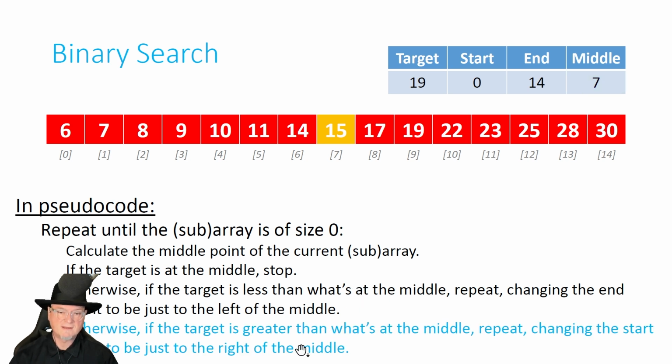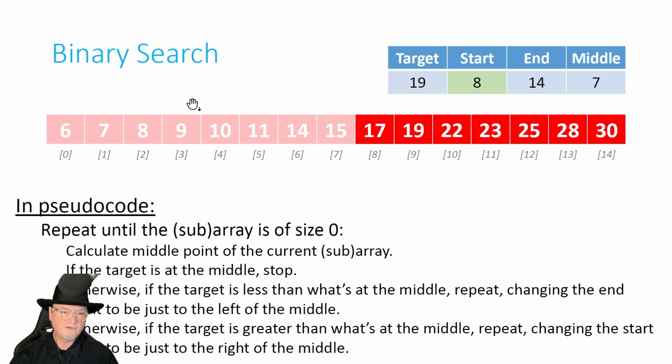Well, according to our algorithm, if the target is greater than what's in the middle, we repeat, changing the start point to be just to the right of the middle. So we start to ignore this entire part of the array and focus our efforts over here. Our target's still 19. However, now the start is the old middle plus 1, just to the right. The end is still 14, the total length of our array.